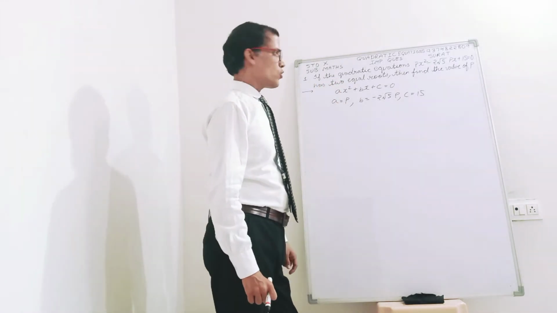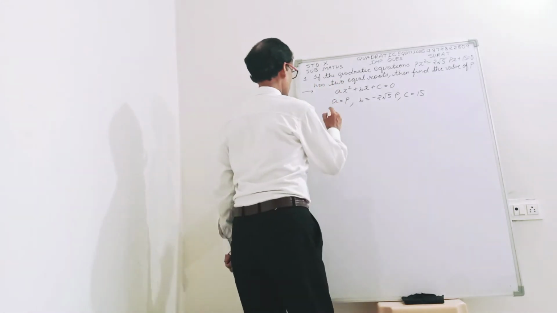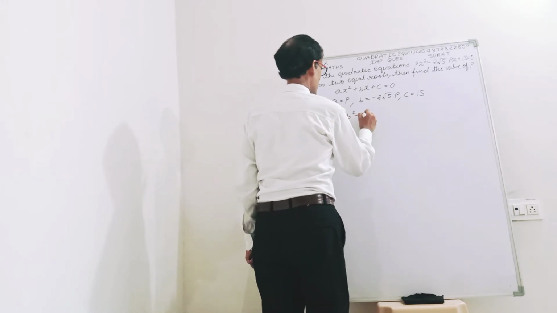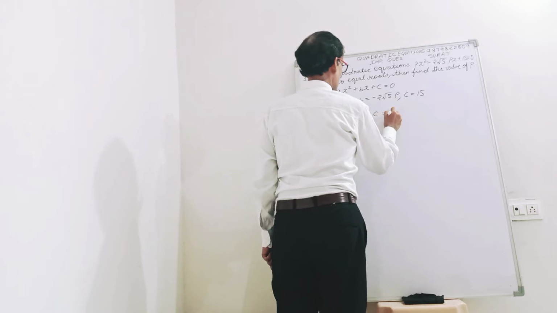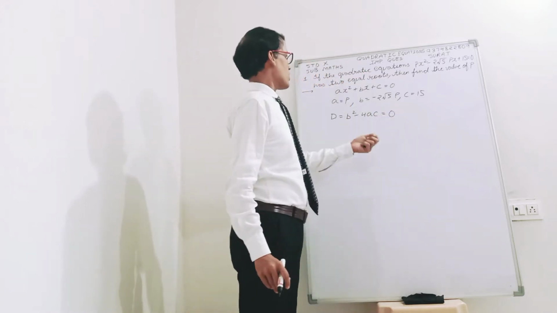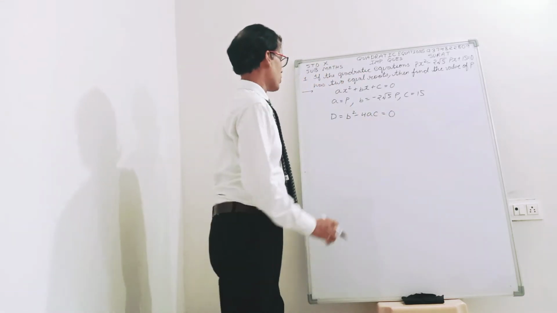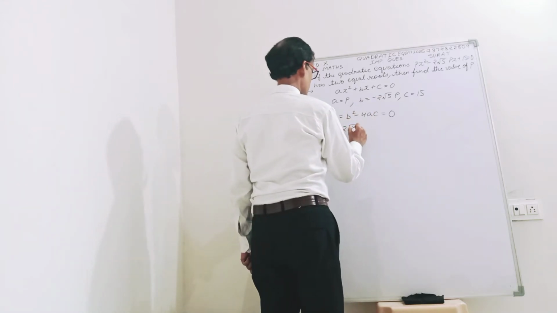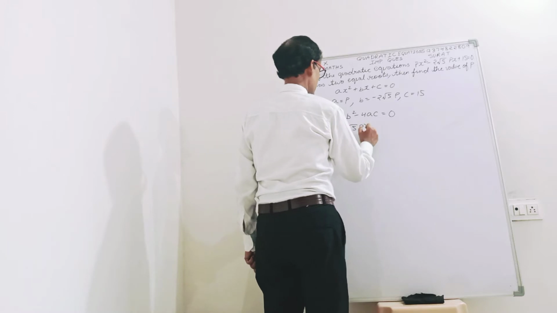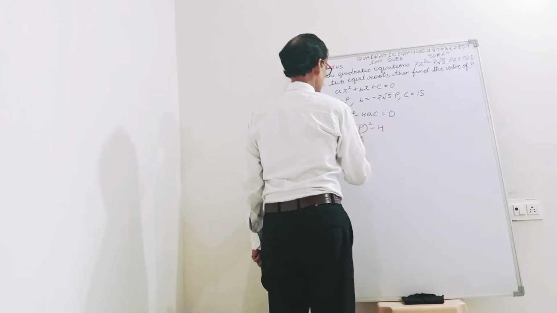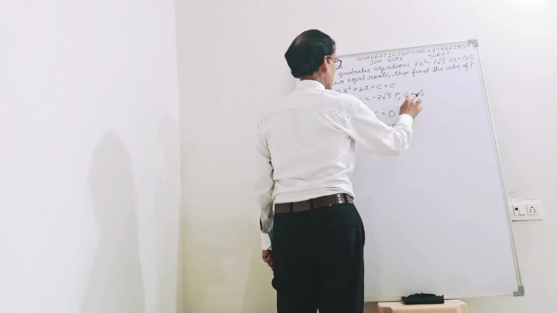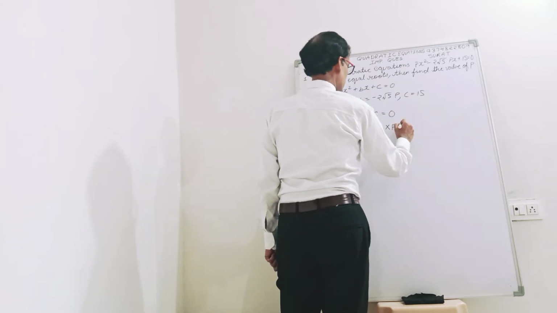For equal roots, you know discriminant is equal to 0, and the formula for discriminant is b square minus 4ac. So here roots are equal, so D is equal to 0. So b square, A is p, and C is 15.